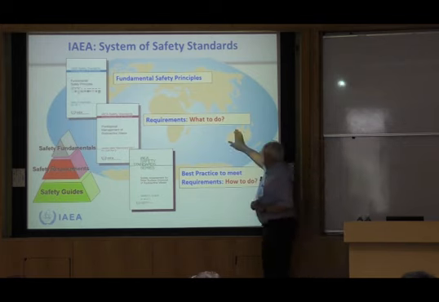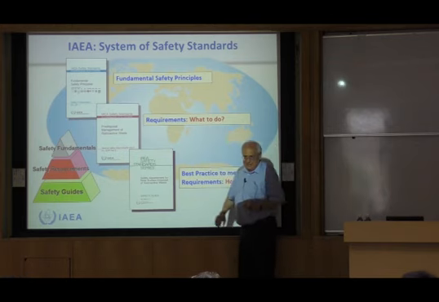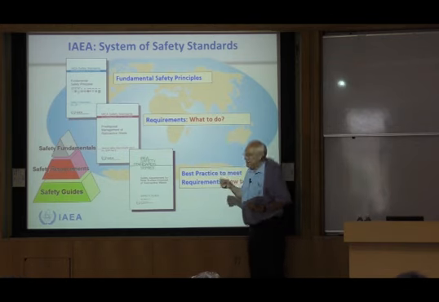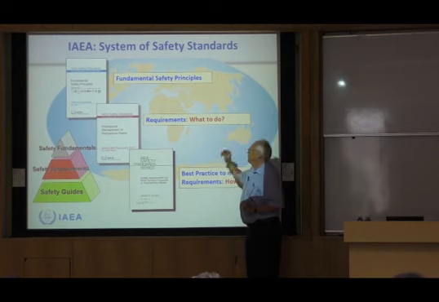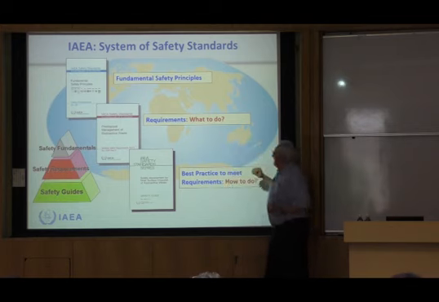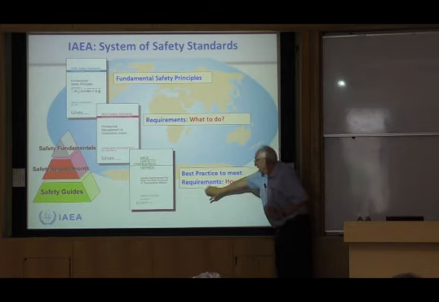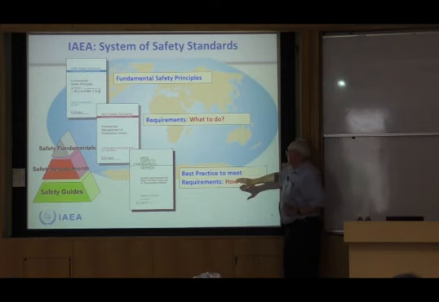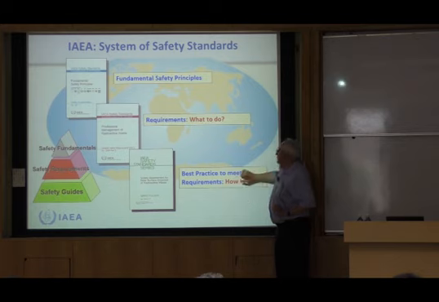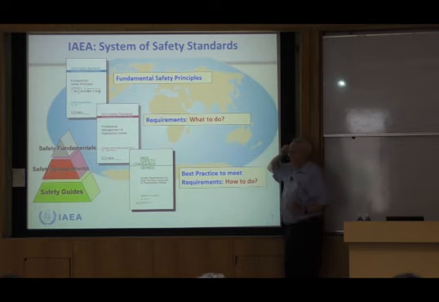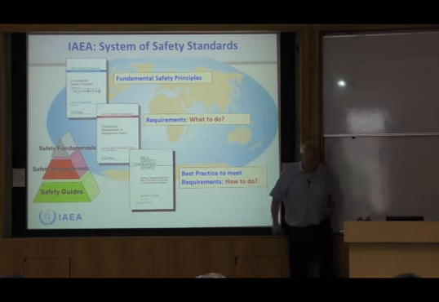And then we have safety requirements. This means what needs to be done to fulfill these principles. And safety guides to say what is the best way to meet these requirements. How to do it. So what to do and how to do it.